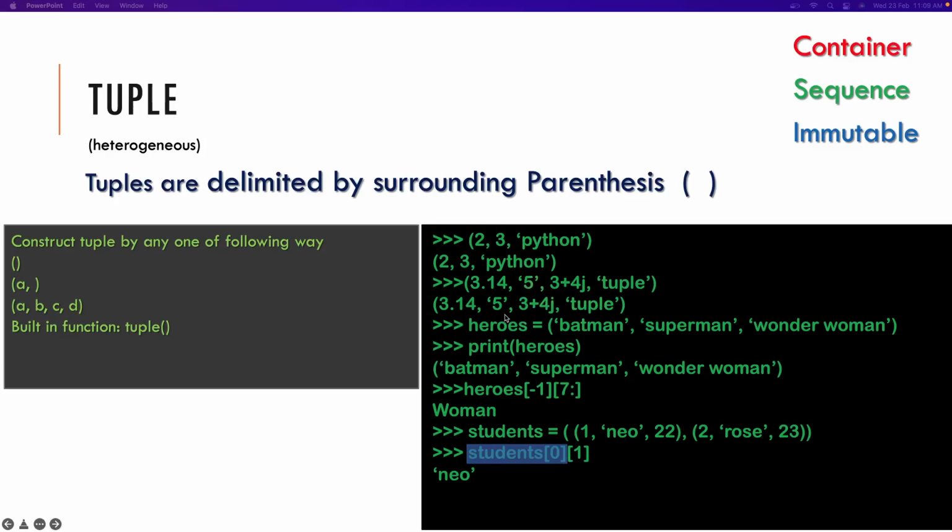Do you understand? That is the reason that suffix is taken and this is referred to as a tuple. So you can store multiple elements of heterogeneous types.